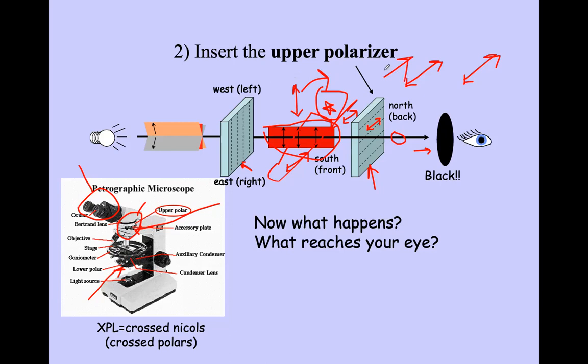If some of these minerals can reorient the light, then there will be a possibility for this second polarizer to transmit the light. In that case, instead of this black, you will see some bright colors here. So we'll see how that can happen and what will happen if a sample was placed there.